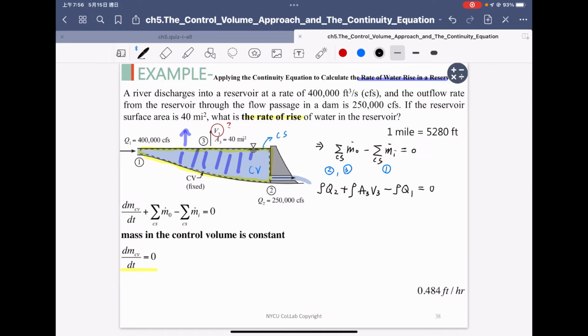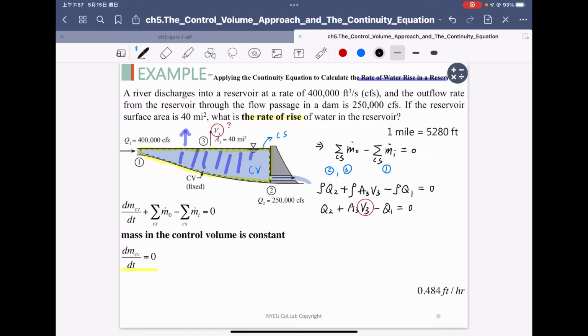So we just divide by the density on both sides, so we can cancel out the density. So we can rewrite the equation as Q2 plus A3V3 minus Q1 equals 0. And our target here is how large the rising rate is, which is V3.